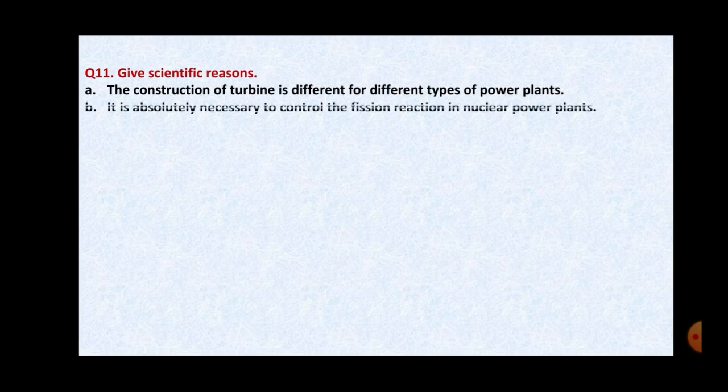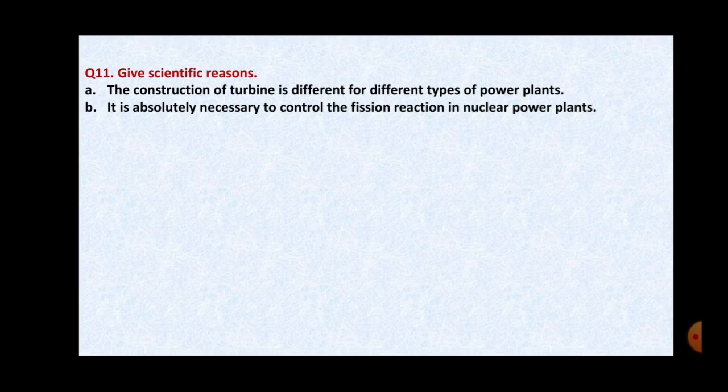Okay. The next question is, it is absolutely necessary to control the fission reaction in nuclear power plants. Now we know that in a nuclear power plant the radioactive element uranium-235 is taken, right?